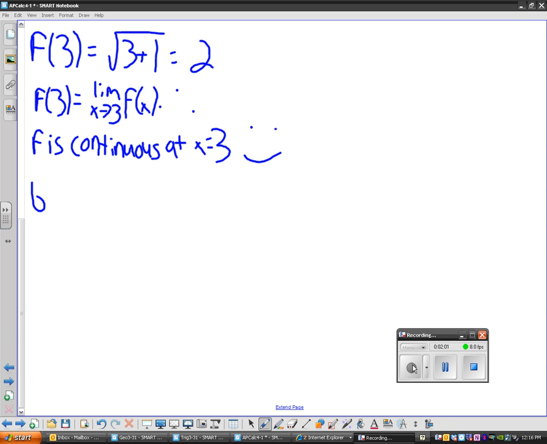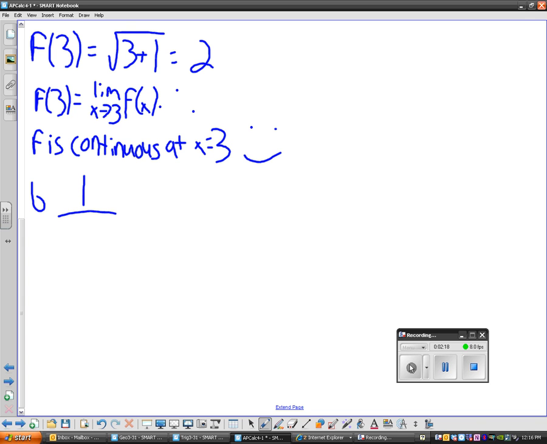So average value means, the formula for average value is 1 over the distance of your interval, which is 5, times the integral from 0 to 5 of f of x. Now, f of x is a piecewise function, so we have to break it up.